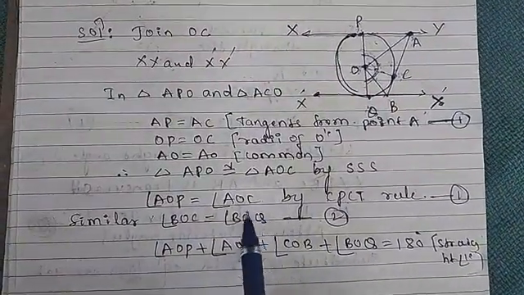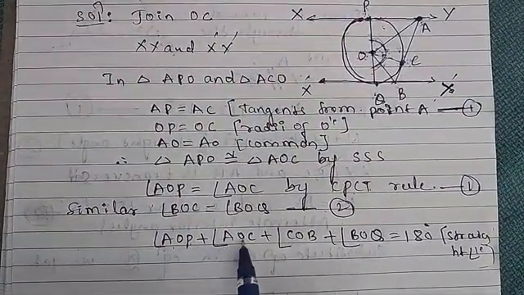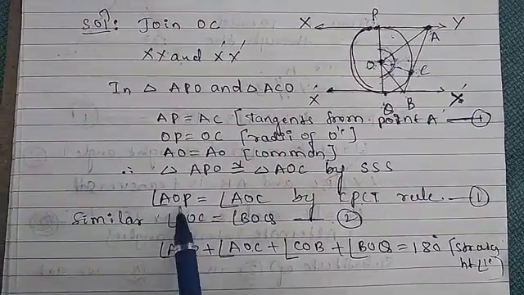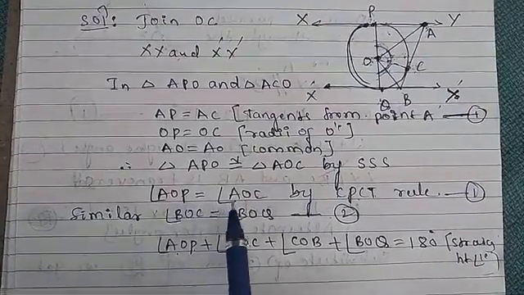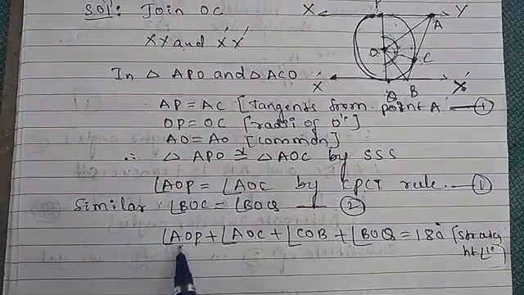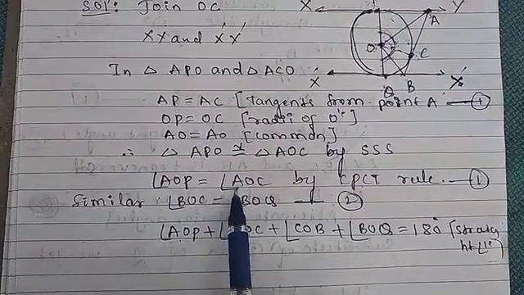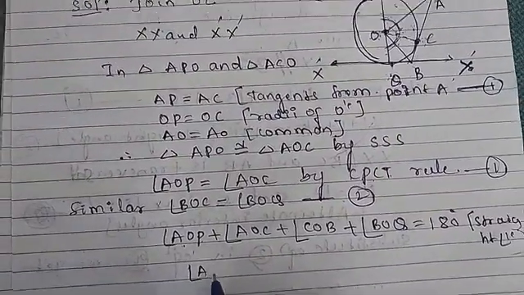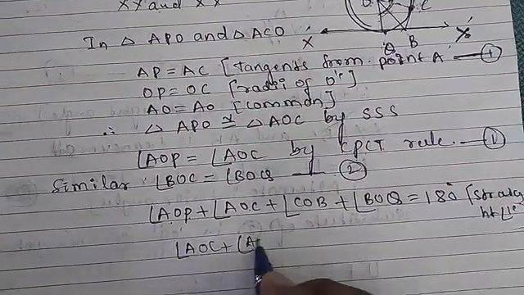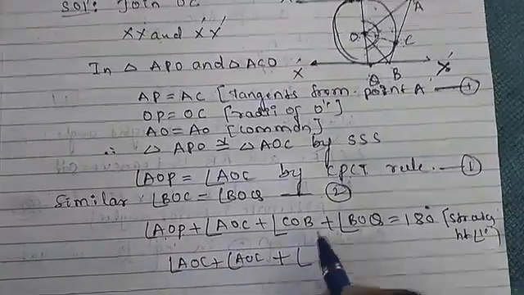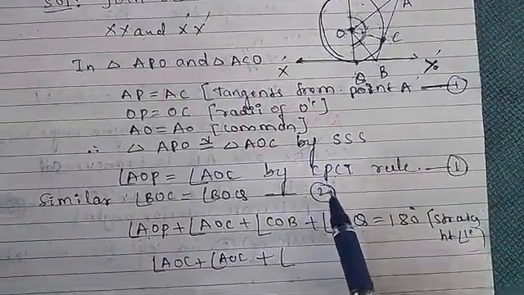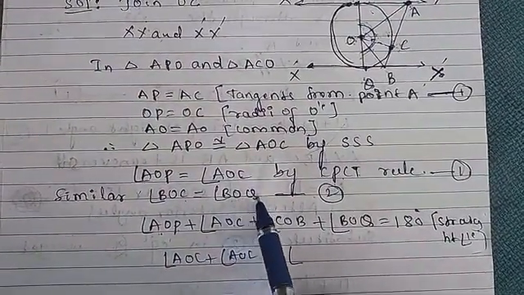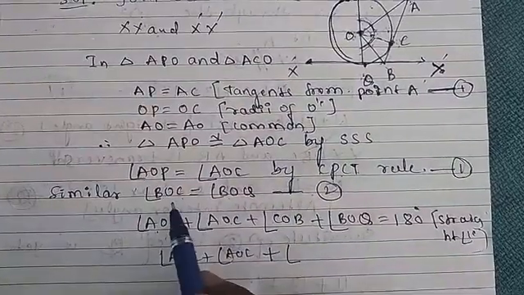Then see, angle AOP plus angle AOC. Angle AOP means angle AOC, since both angles are equal. So here instead of AOP, can we write AOC? Correct, because both angles are equal. So angle AOC plus angle AOC plus, similarly, angle BOC means angle BOQ.